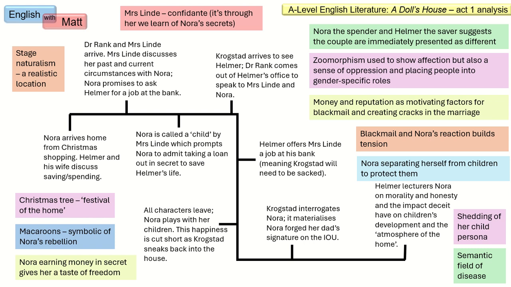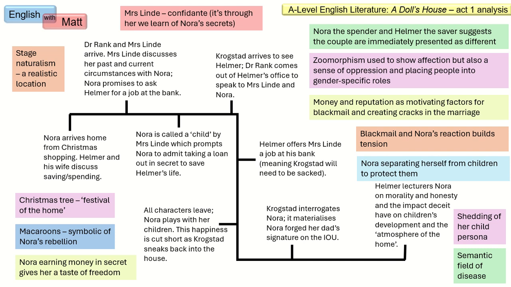This is a setting that would be very relatable to all the audience. Of course, this play is set at Christmas, the festival of the home, and therefore that has connotations of togetherness and family, which of course in this play becomes less and less likely as the play develops. We have the macaroons, which is symbolic of Nora's rebellion as well.